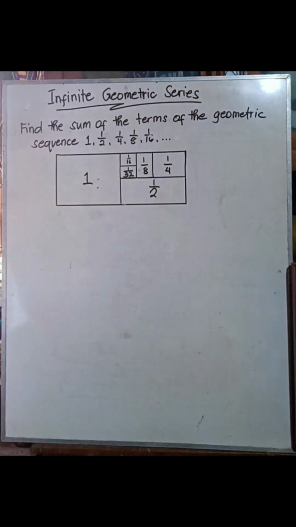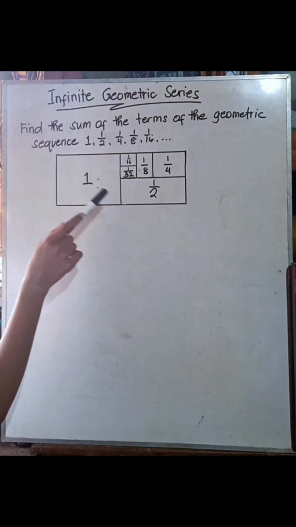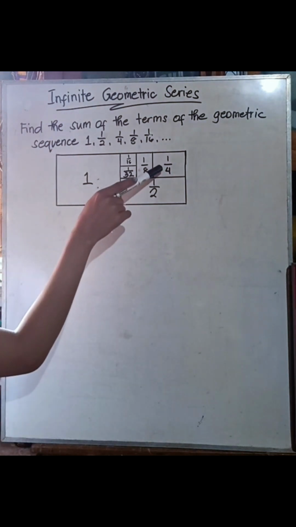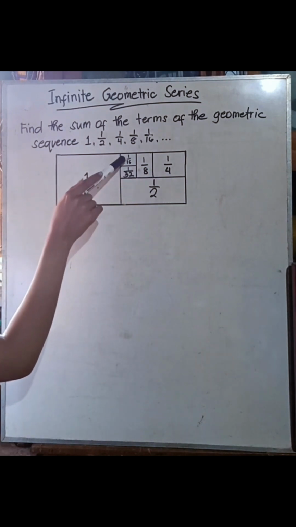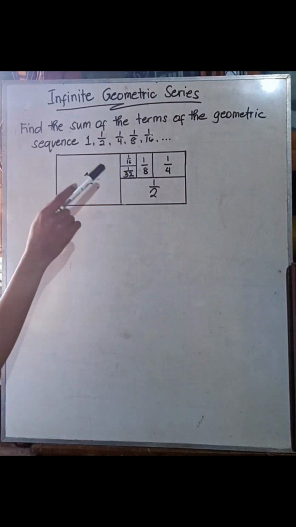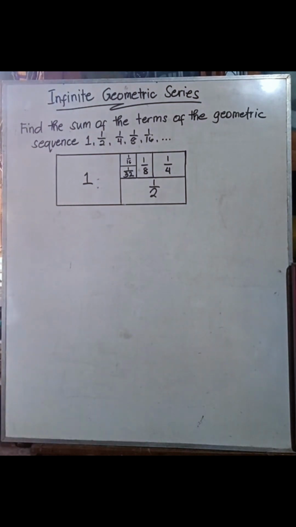Consider a 1/2 rectangular figure. Divide the figure into various portions as shown here. The rectangle was divided into various portions such as 1 unit, 1/2 unit, 1/4 unit, 1/8 unit, 1/16 unit, and so on. The rectangle can still be divided into smaller rectangles up to infinity.